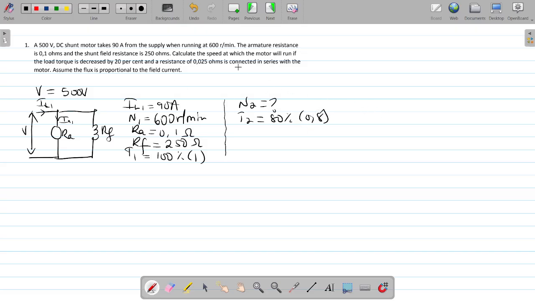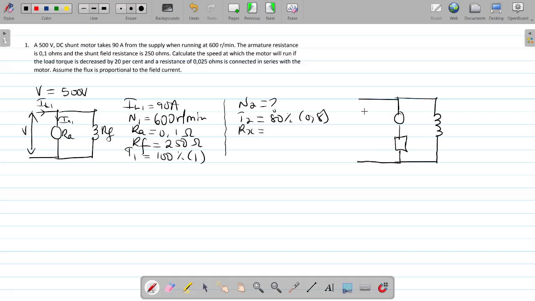Not only that, we have a new resistance, Rx, connected in series with the motor. The motor they're referring to is the armature. So there we have this new resistance here. This whole circuit is still a shunt circuit.